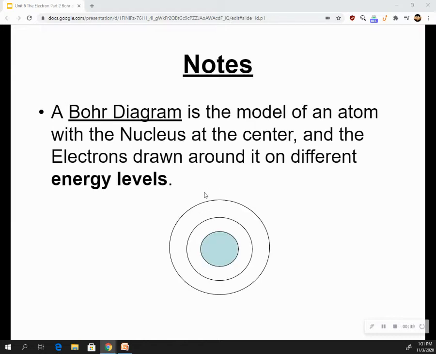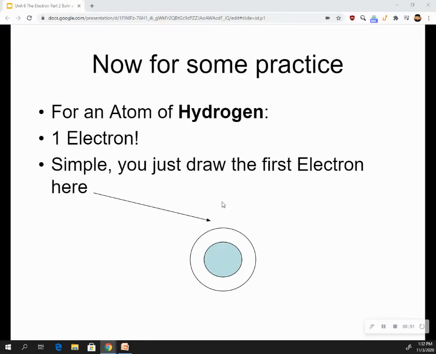So of course, our Bohr diagram is just like we have with our Bohr model. You have your nucleus, and then you have your energy levels outside of the nucleus. Nucleus, energy levels. So let's start with hydrogen. Hydrogen is first, so it only has an atomic number of 1, meaning that there is 1 proton. Because there is only 1 proton, that means that there is only 1 electron.